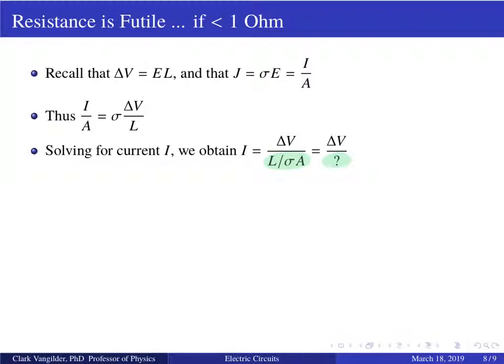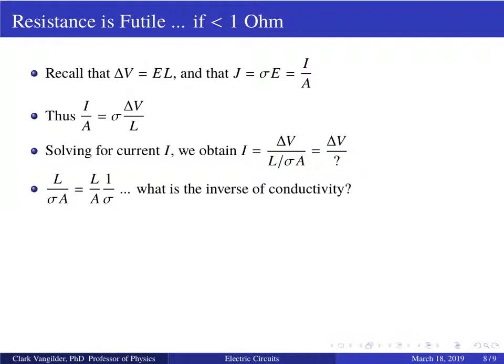And it happens to be, I can write it this way. So taking this right here, let's just pull that out for a minute. Rearrange it. And we have basically a length per unit area.